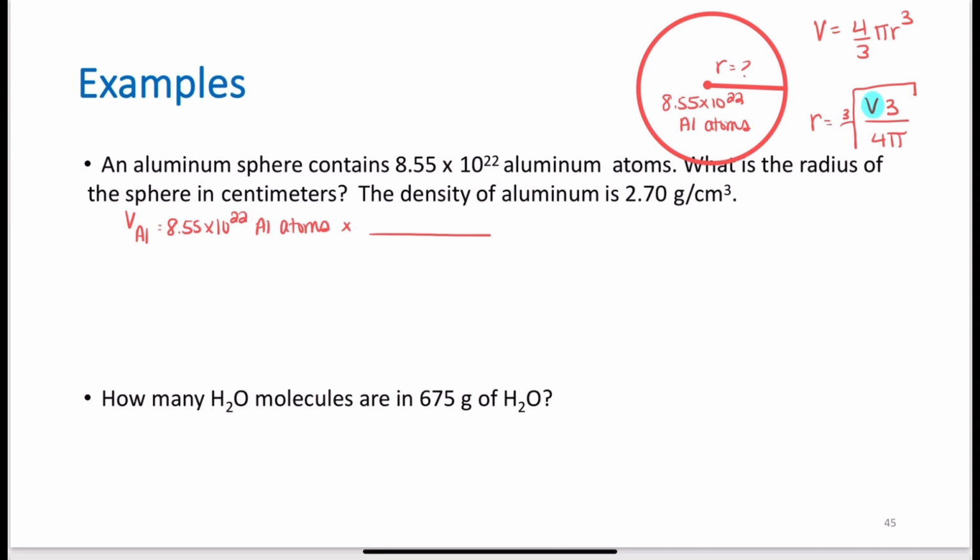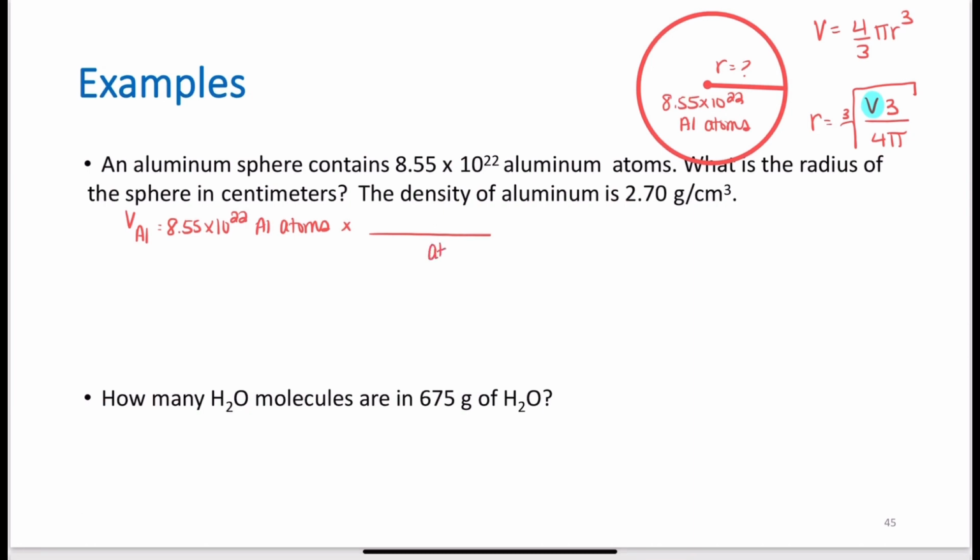The only thing I have that can get to volume is density, but density requires grams. I also do not have a conversion to go straight from atoms to grams, because each substance's atom weighs something different. An aluminum atom weighs differently than an oxygen atom because they have a different number of protons, neutrons, and electrons. Therefore, I have to go through moles. It's the only conversion I have.